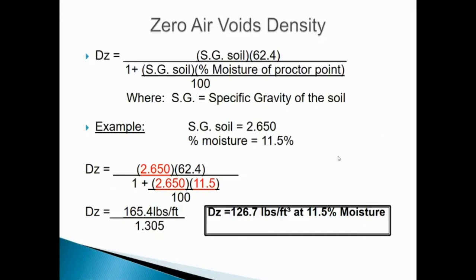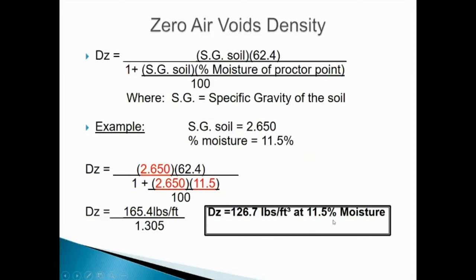So if we want to determine zero air voids of a soil at 11.5% moisture content, and we determine the soil specific gravity is 2.65, we simply plug specific gravity into the equation where it belongs and the moisture content where it belongs. We run through the correct order of operations, and we would calculate a zero air voids density of 126.7 pounds per cubic foot at that specific moisture content, 11.5%.